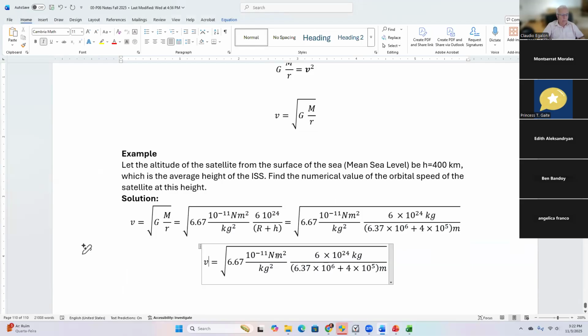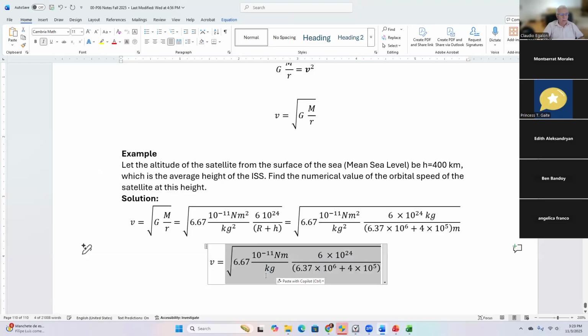The meter cancels out with the meter elsewhere, this kilogram cancels out with the other kilogram, and then we have to do the dimensional analysis.